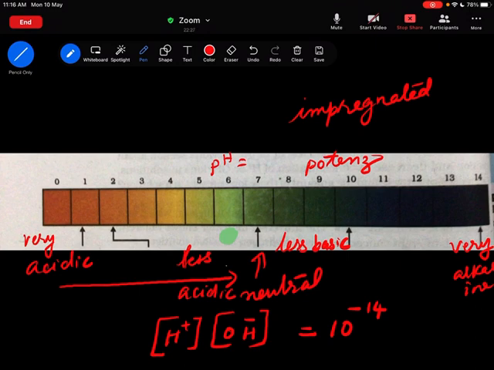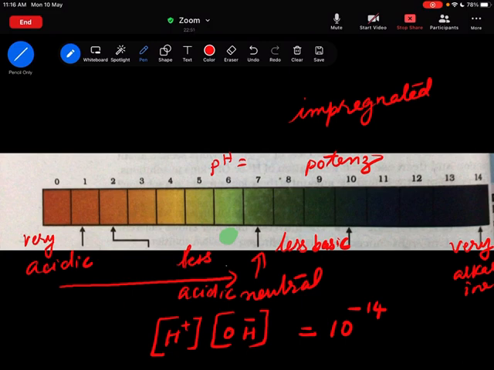Strength of acids and bases depends upon the number of H plus ions or OH minus ions produced.